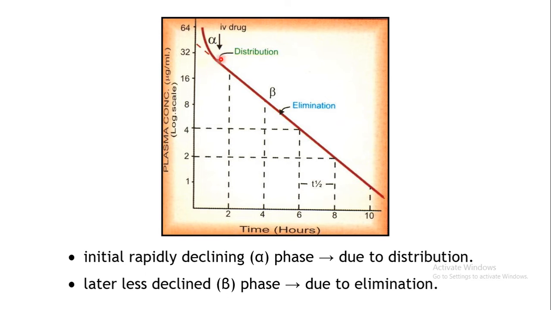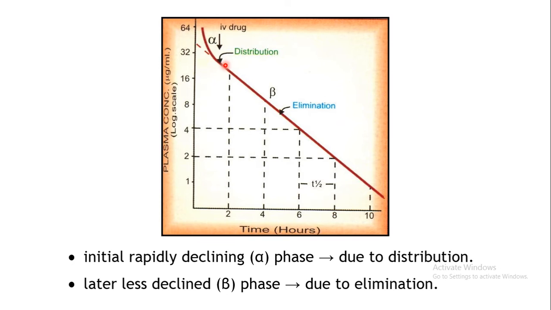So your drug will get distributed initially, and after some time, a time will come wherein the drug will start getting eliminated. Okay, that means it will either get excreted out of the body, or it will get converted into inactive metabolites. So metabolic inactivation will take place.